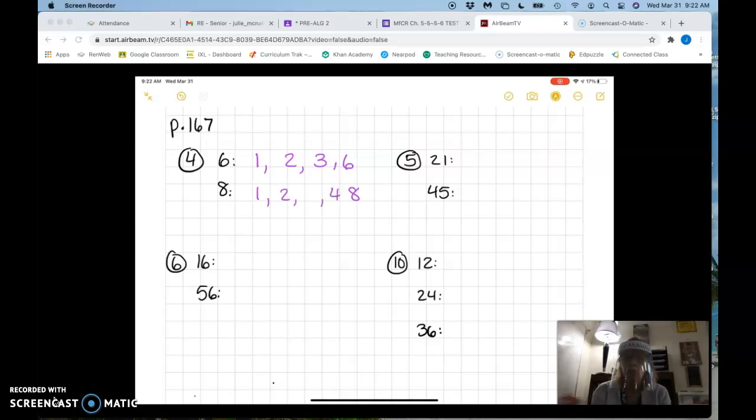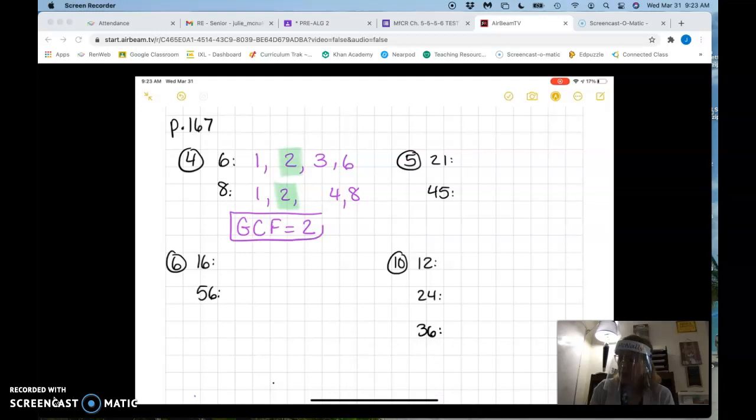And then that's it, because nothing times 3 equals 8. So that's it. Okay, so what is the greatest factor that they both have in common? 2. This time there's nothing bigger than 2, so you're going to write GCF equals 2.